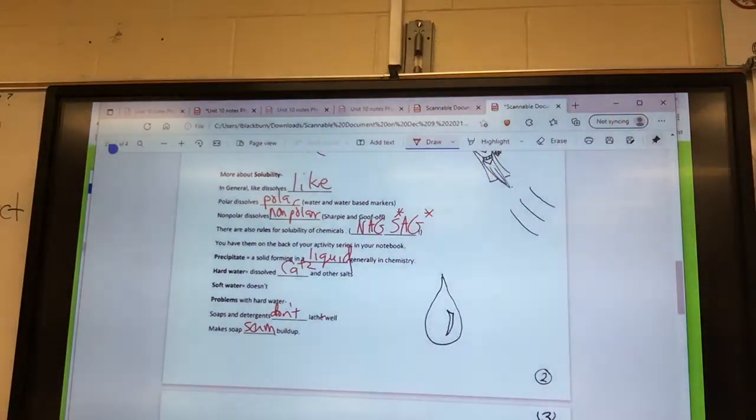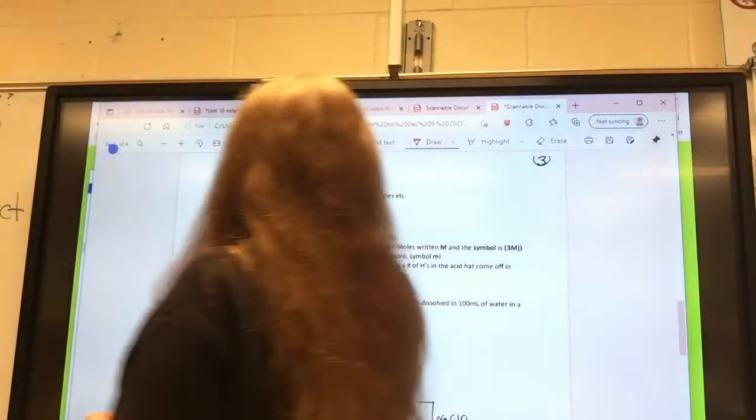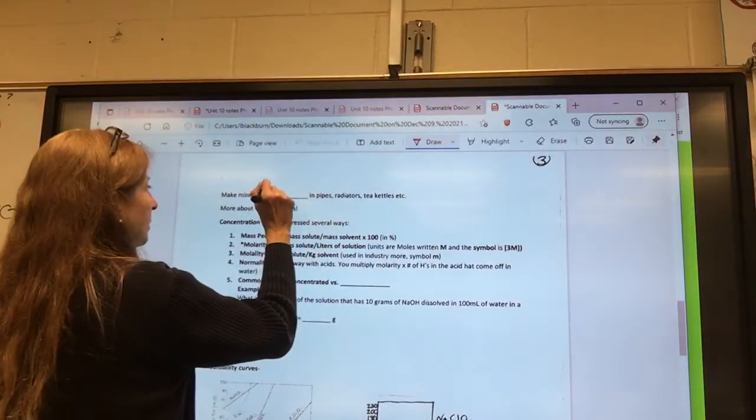It can be a real pain, clogging up plumbing. All right, may I scroll up? We good? Okay. So this is the problem. It makes minerals build up in pipes, radiators, tea kettles. It causes things to tear up.